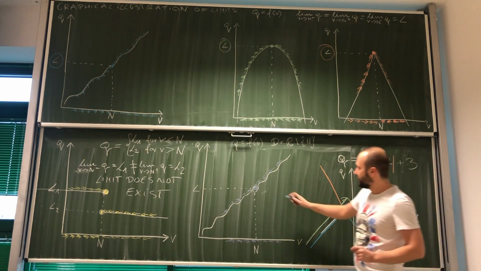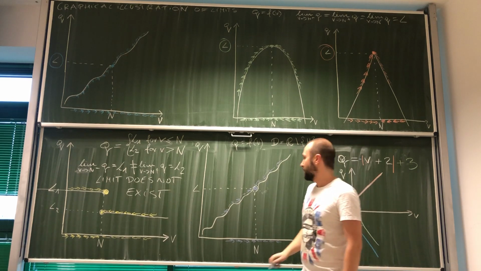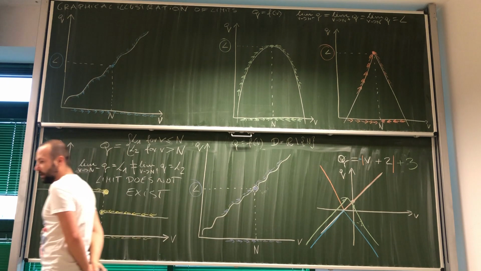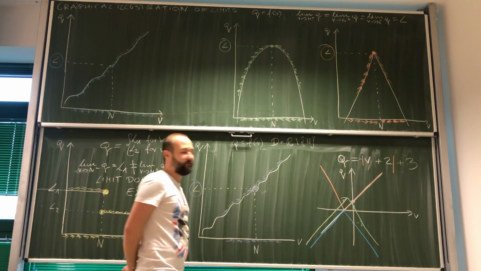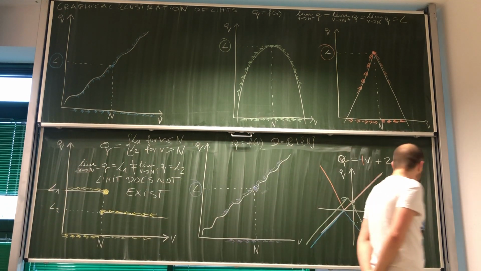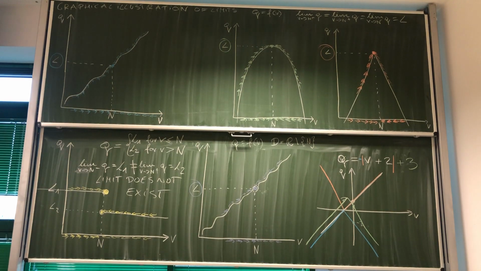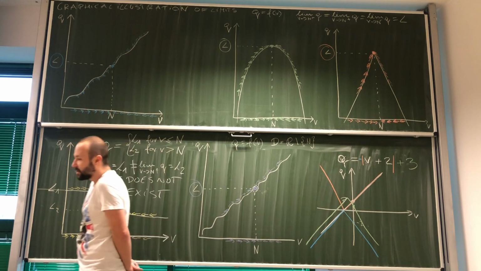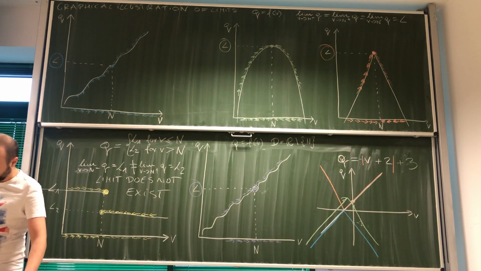Even though this point is not within the function, this point is still a limit of this function. And as you will see, we will have plenty of examples of cases where the limit of the function is not a part of it. And actually those are the most interesting cases.